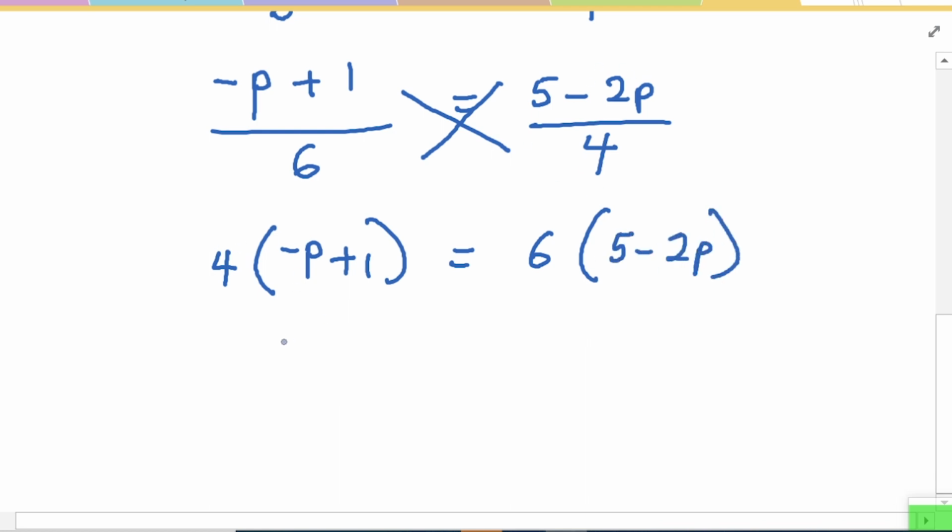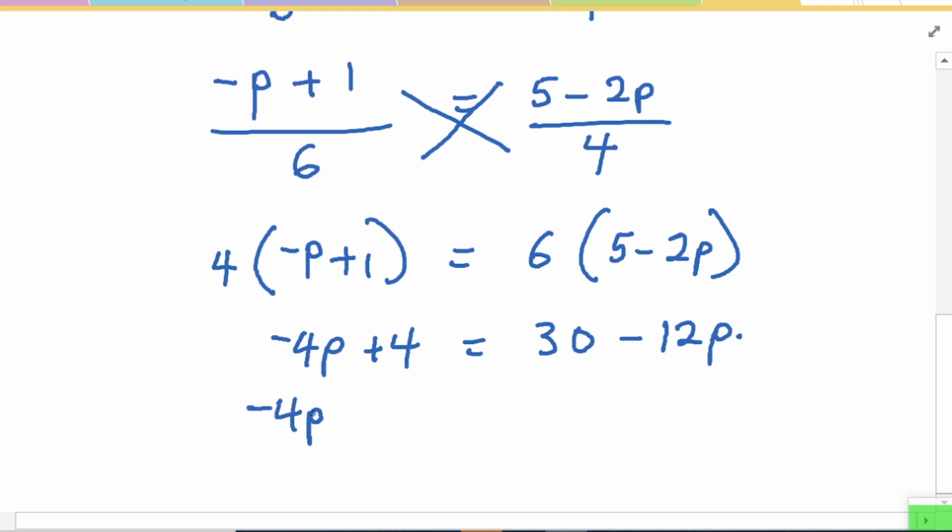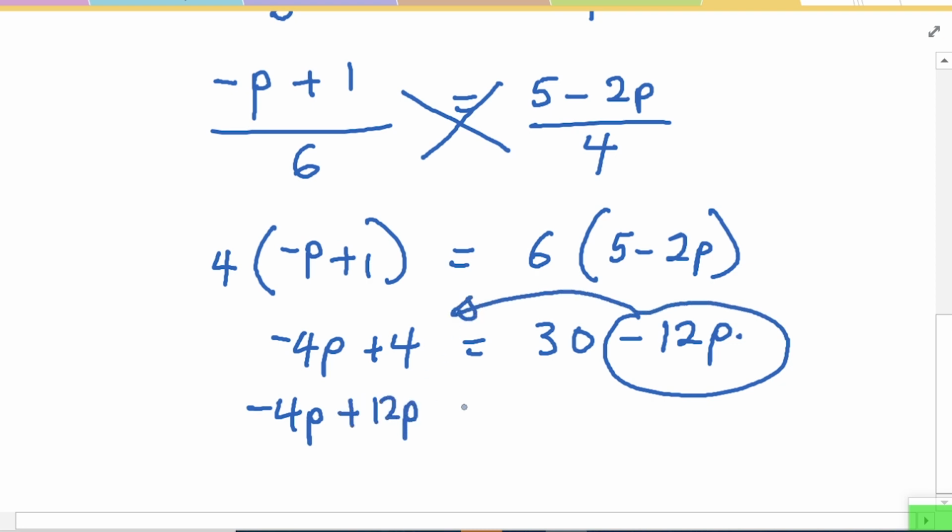So 4 times negative p is negative 4p. 4 times 1 is plus 4, equal to 6 times 5, which is 30, and 6 times negative 2p, which is negative 12p. So this becomes negative 4p. Let this one come this way. It becomes plus 12p. That is going to be equal to 30 minus 4.